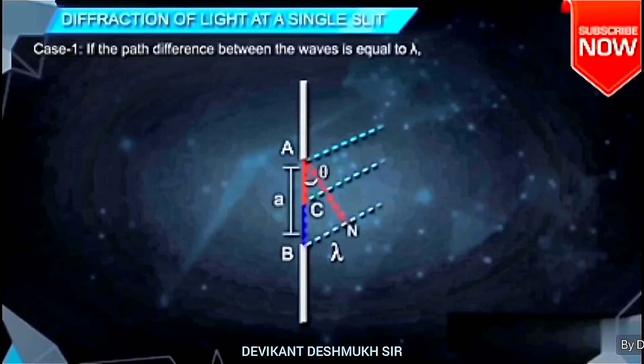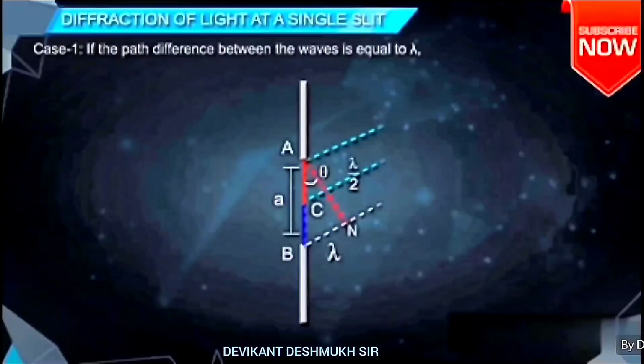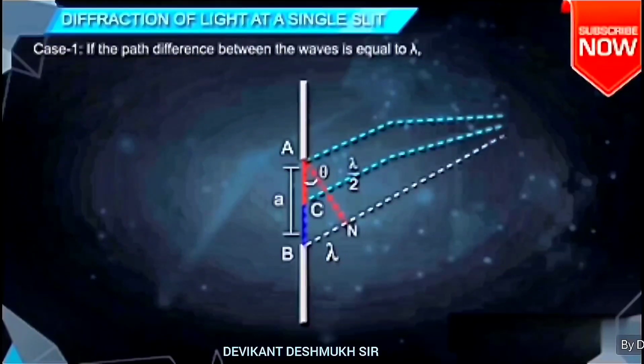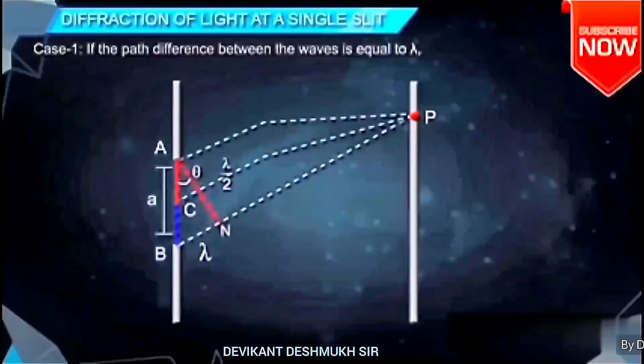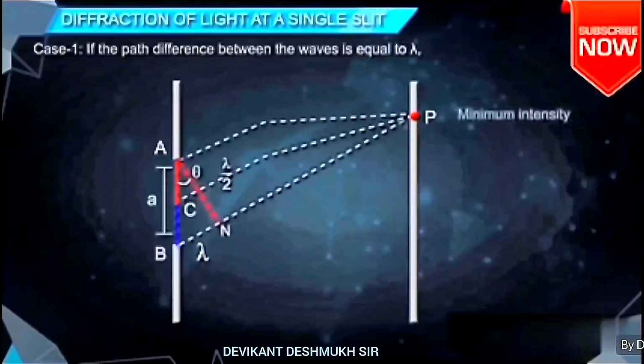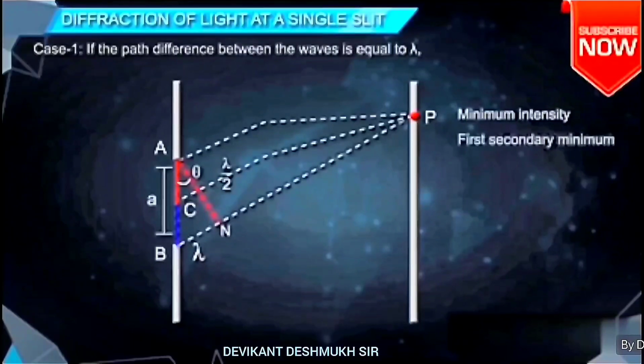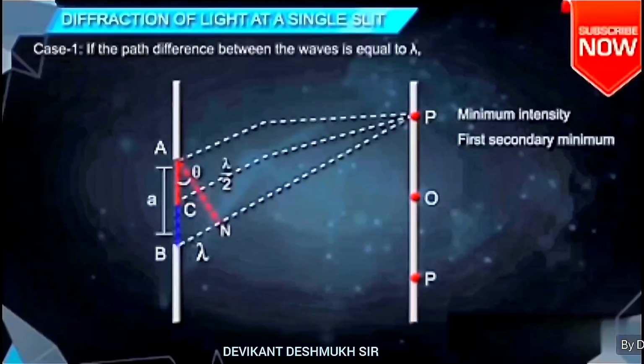Similarly, the path difference between light from C and B is also lambda by 2. Therefore, light from these two parts of the slit interferes at P destructively. Hence, point P is of minimum intensity and it is called the first secondary minima, which is produced on either side of central maxima O.